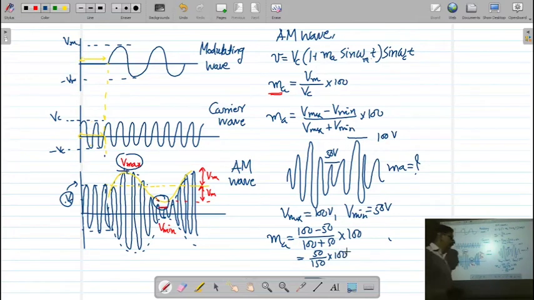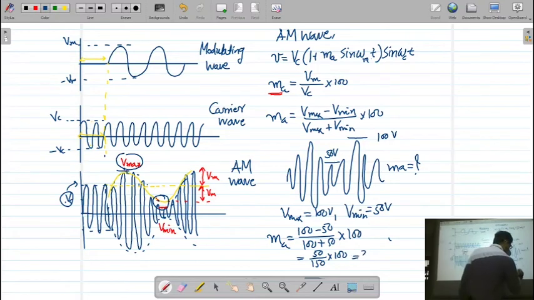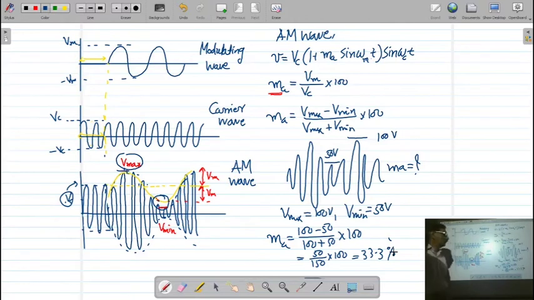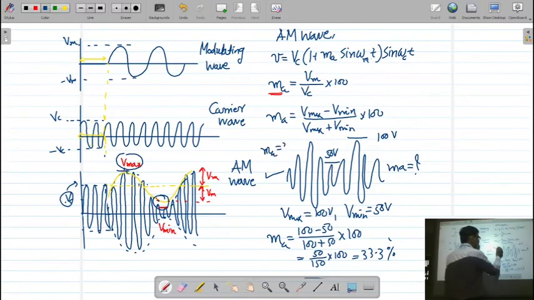And here if we calculate, this is 33.3%. Means for this waveform the modulation index is 33.3%. So in this way you can calculate the modulation index.